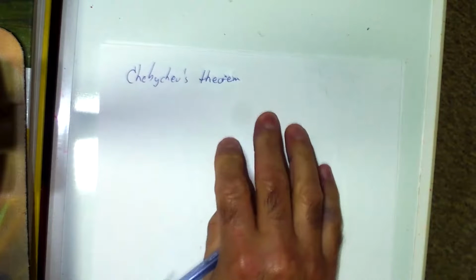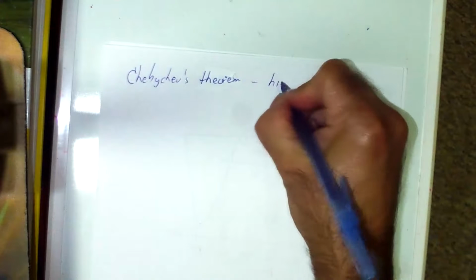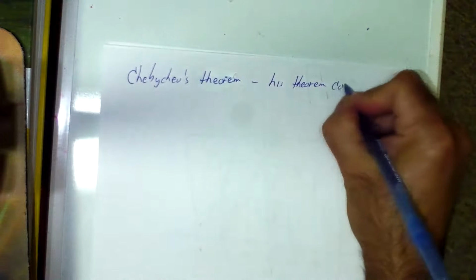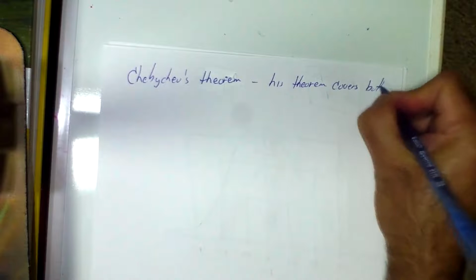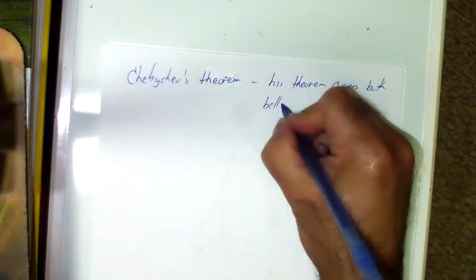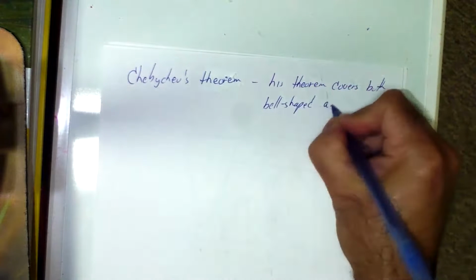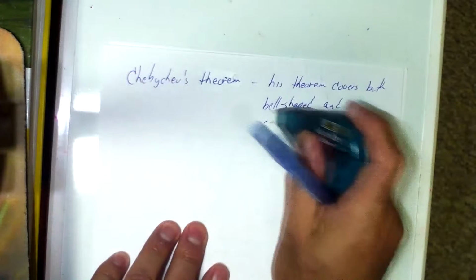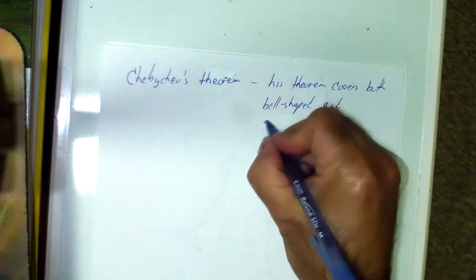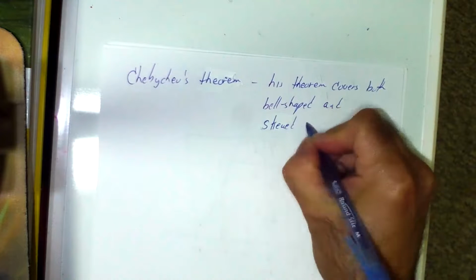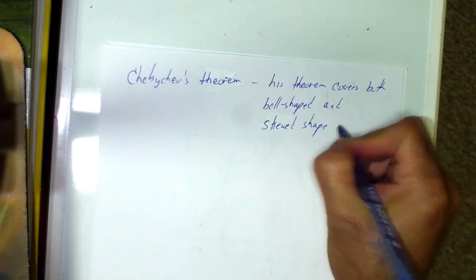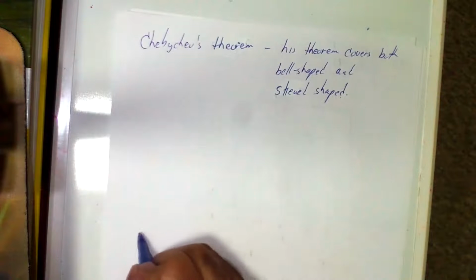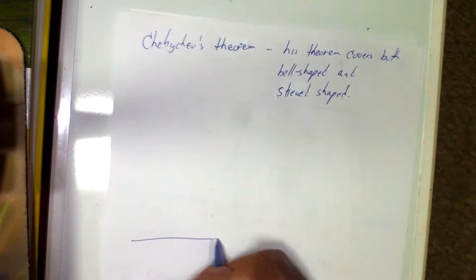Okay, so his theorem covers both bell-shaped and skewed. Okay, now it's almost like the empirical rule.